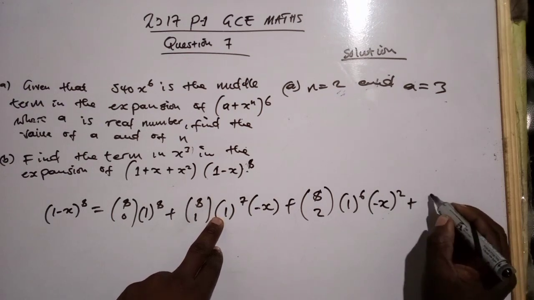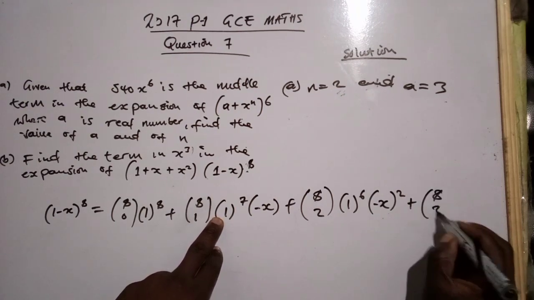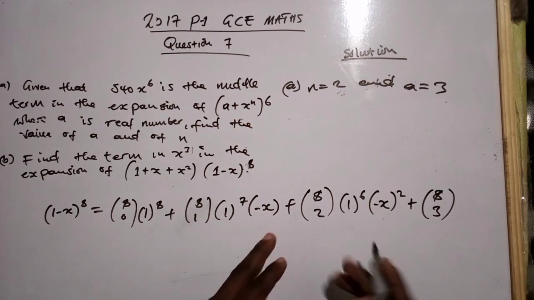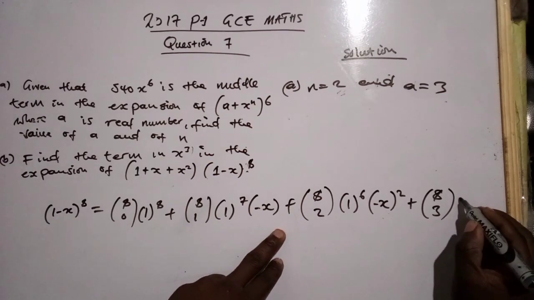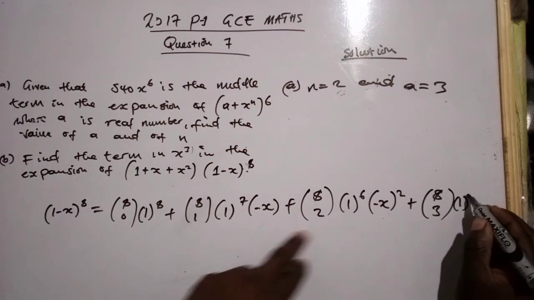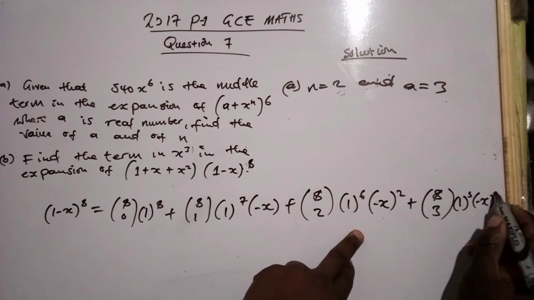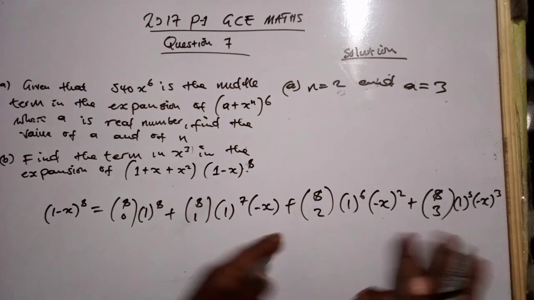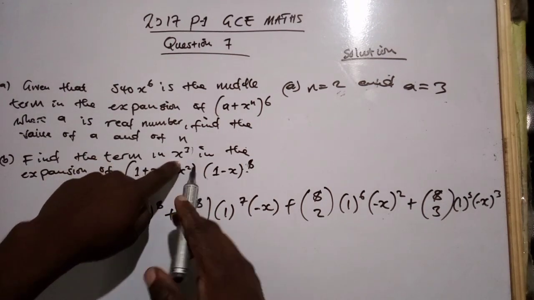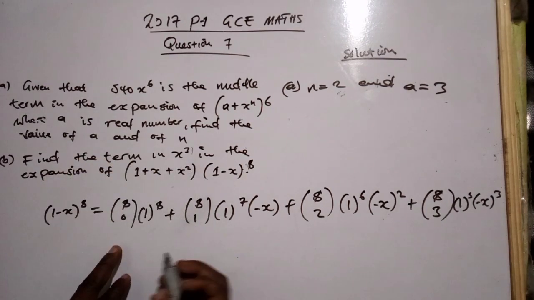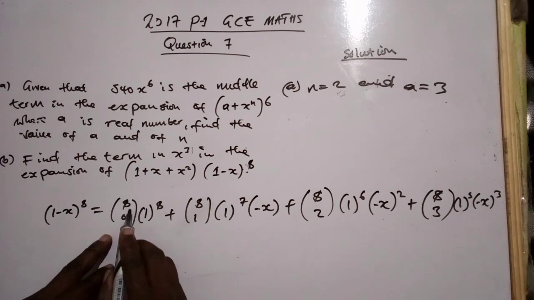Then plus when 8 takes 3, you are going to have 1 to the power from 6 to 5, then minus x to the power 3. So this is where you end, because we're only considering x power 3.